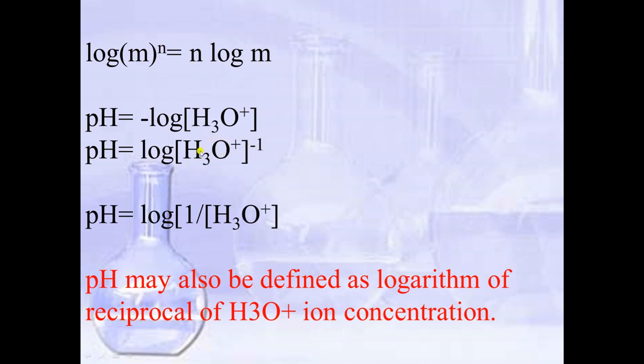Now H3O positive to the power minus 1 can be written as 1 by H3O positive. Now we can define pH from here also: pH may also be defined as the logarithm of the reciprocal of H3O positive ion concentration. The logarithm of the reciprocal of H3O positive ion concentration is known as pH.